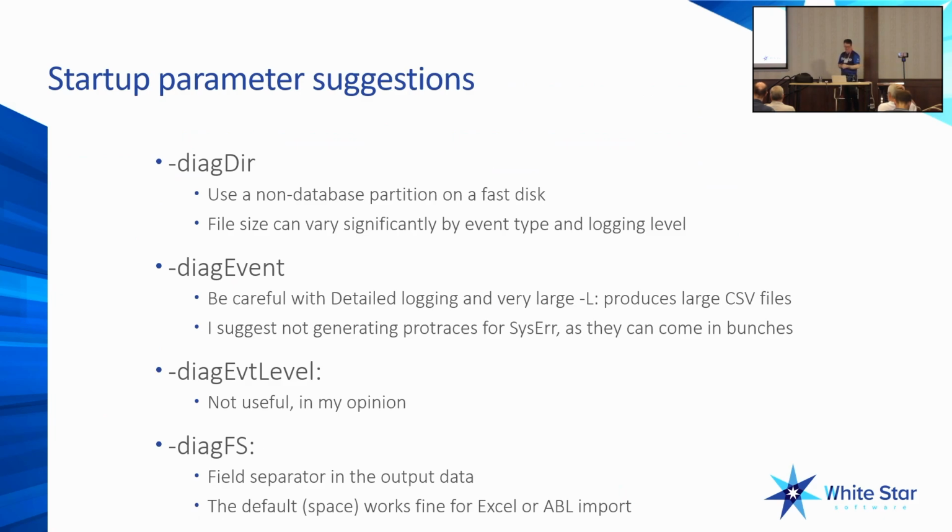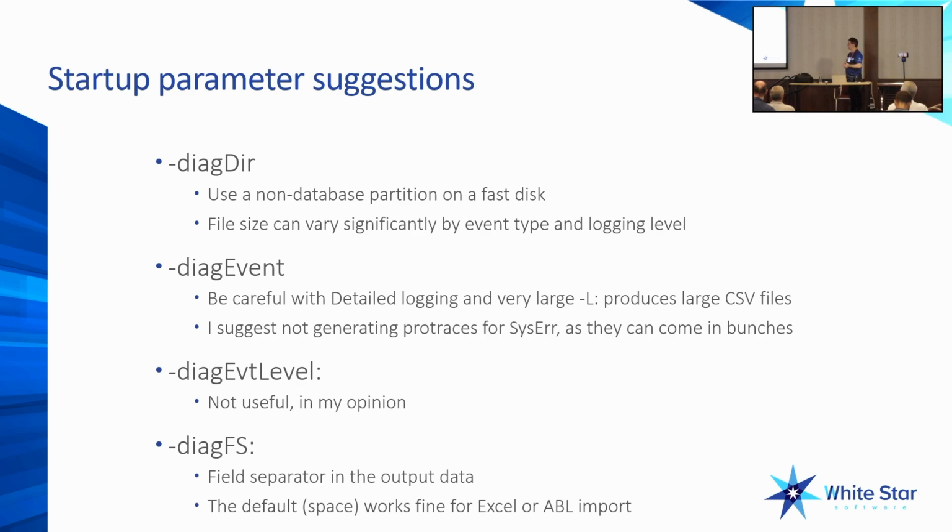So some suggestions for these various startup parameters that I talked about. For the diag dir, where all this data gets located, I suggest you put it, if possible, on a non-database disk. It should be a fast disk because you could wind up writing quite a lot of data in a short time. Because remember that events aren't necessarily interspersed in time. You might get a flurry of events in a short amount of time and be writing a lot of data.